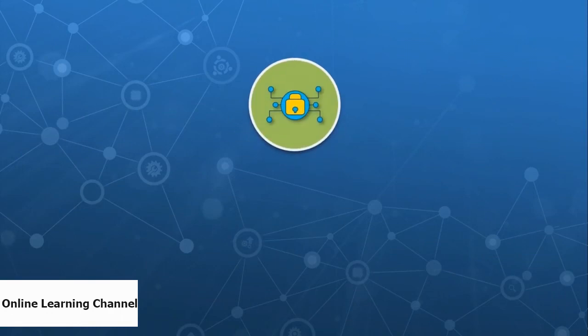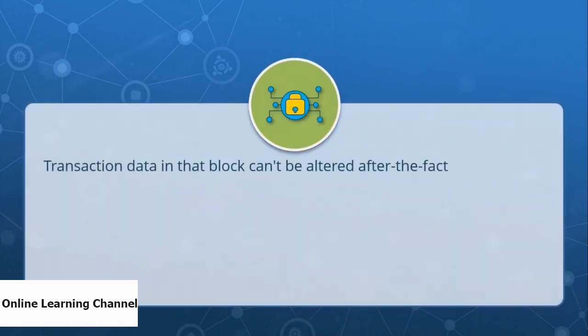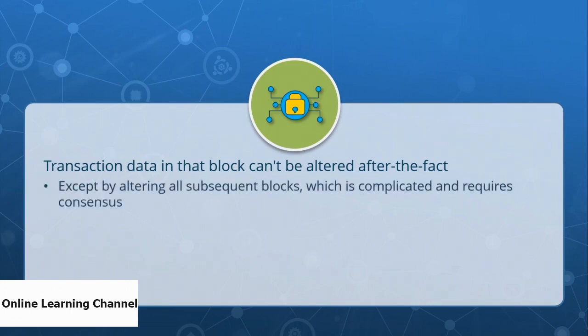To be precise, it is this cryptographic link which ensures that the transaction data in any block cannot be altered after the fact. And tampering with this information is something which is not theoretically impossible, but is effectively so because this requires altering all of the subsequent blocks in the blockchain. And not only that, it will also require a consensus from all of the other nodes which make up the blockchain network.